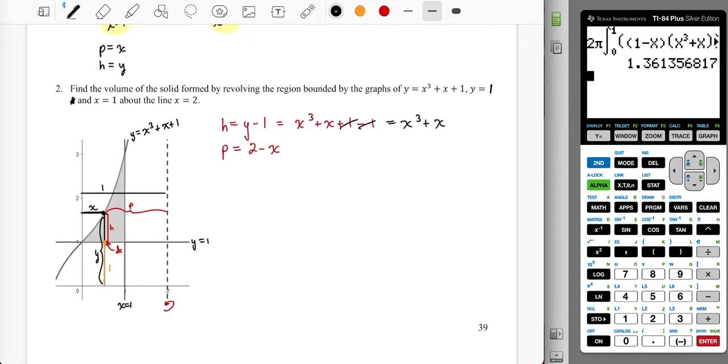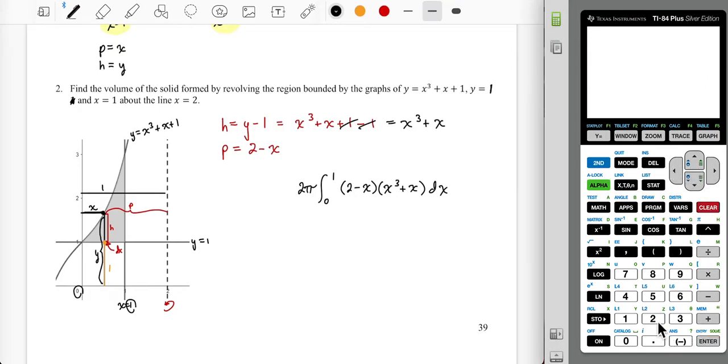Then we can set up our integral, 2 pi over the interval of 0 to 1. The bounds begin and end, 0 and 1. P is 2 minus x. H is x cubed plus x, and the thickness is a dx.